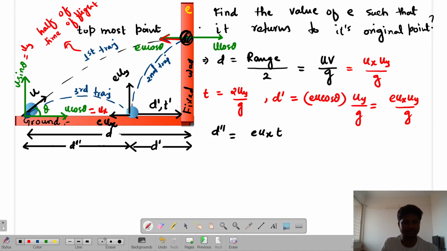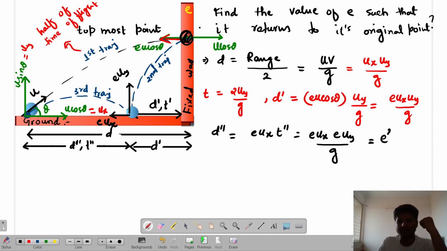For D double dash, let's suppose the time is T double dash. So T double dash is how much? The vertical velocity we know, that is e into uy, so that is twice e uy by g.